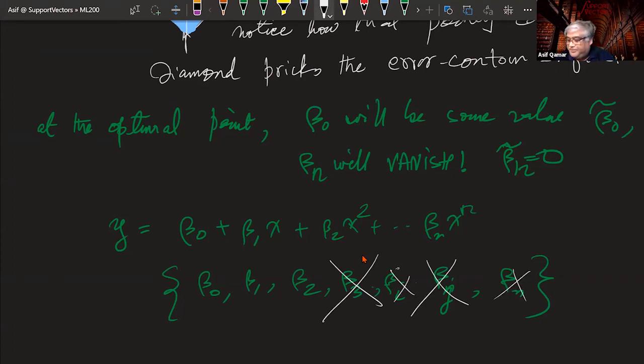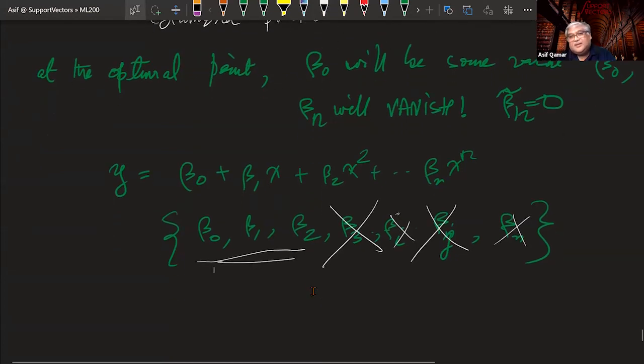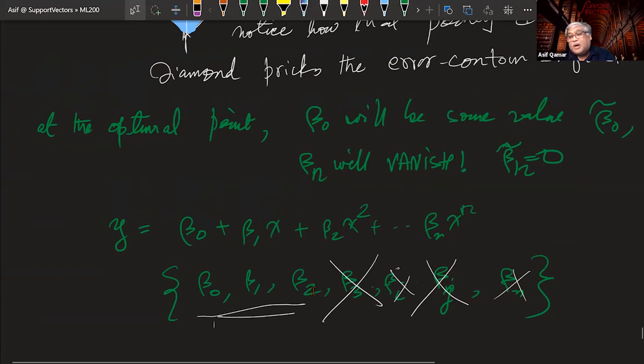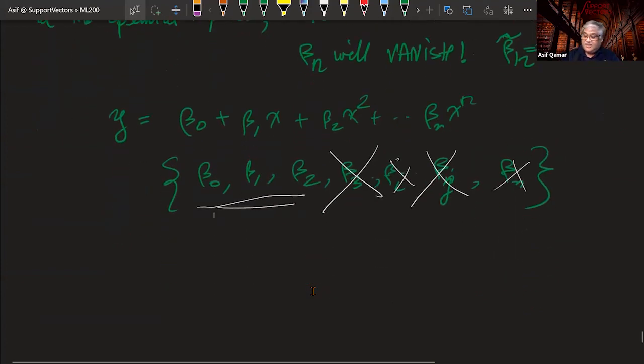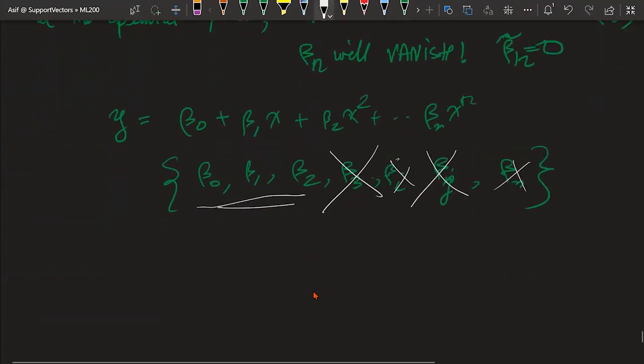And your problem therefore reduces to a lesser number of terms in the equation. Do you see that, guys? And so your model will be simpler. Not only that, you have started smoothening up, done dimensionality reduction as a side effect.